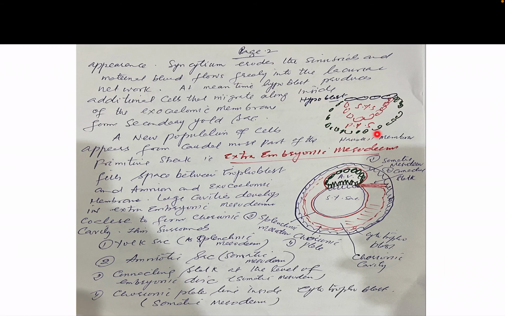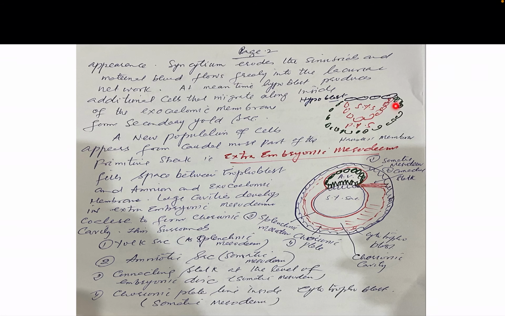This whole primary yolk sac becomes shorter and smaller in size by the development of the secondary membrane from the margin of the hypoblast. So from the margin of the hypoblast these cells migrate and form a smaller yolk sac, named the secondary yolk sac.